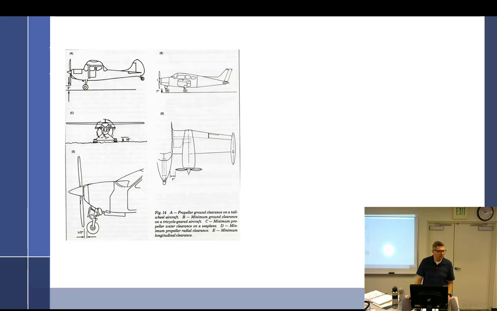Far too often I'll be mentioning something about Part 23, and then it's not even there anymore. They're really getting away from this exact rulemaking about this is exactly how the prop must be. And that's Part 23, how to make airplanes, right? It's getting more along the lines of, well, manufacturer, you figure it out and show us that it works, and if it works, it's fine.